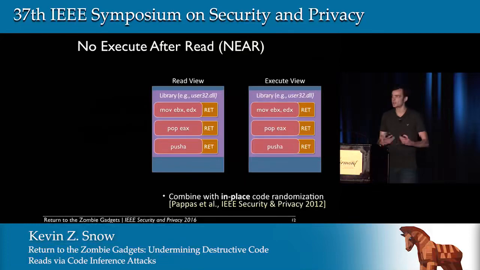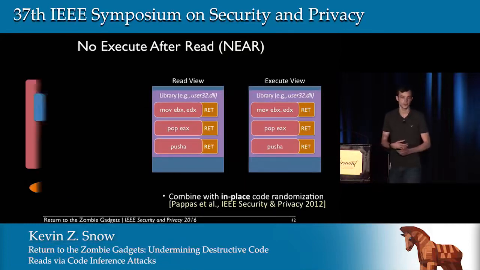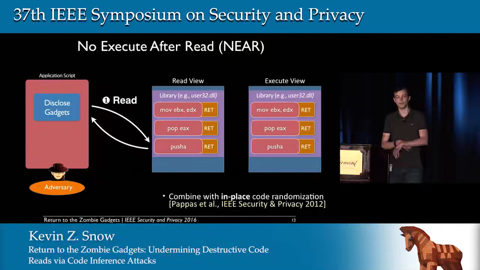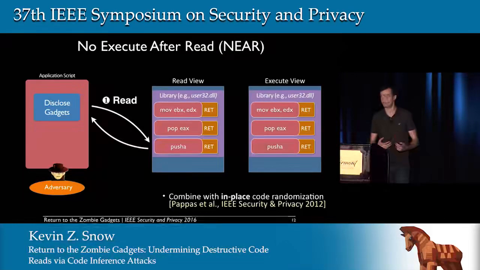If we look at how this works when a multiple memory disclosure attack is occurring, the attacker has their script, and they're using memory disclosure vulnerabilities to read all the code in the code section. This takes them to the read view because they're reading code sections, and so they would actually retrieve all the gadgets in the code section. This mitigation wouldn't stop that.